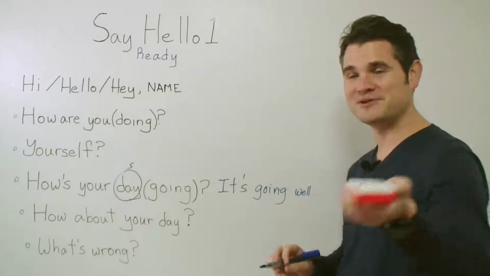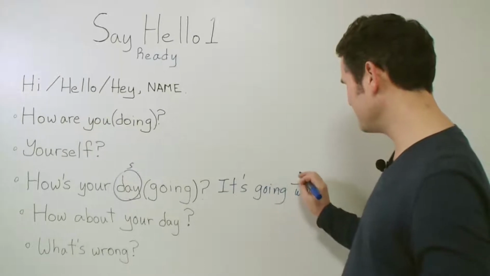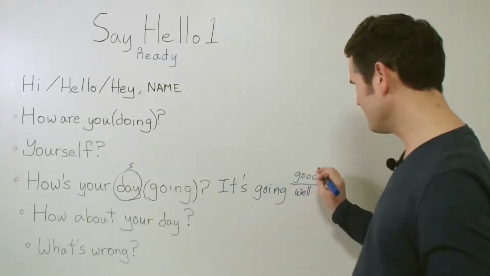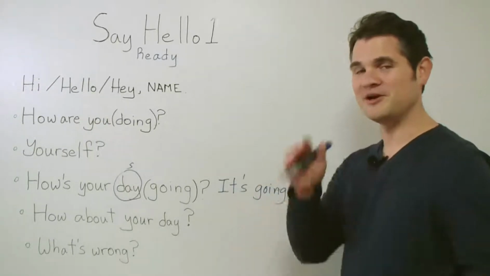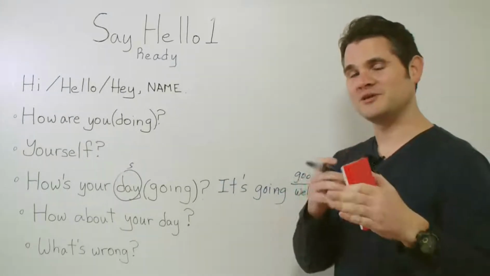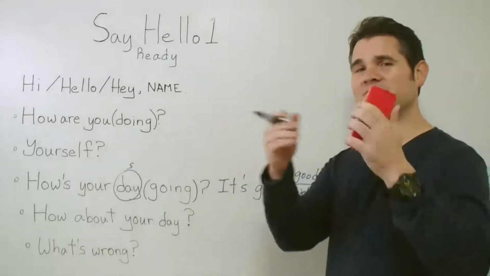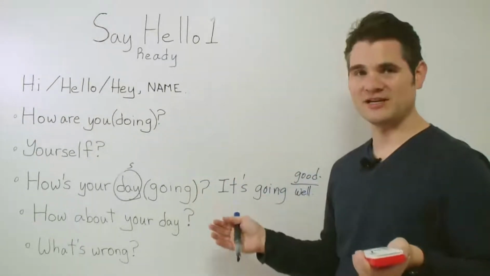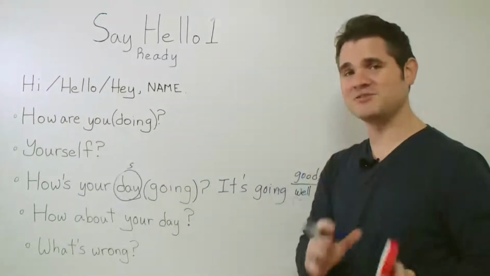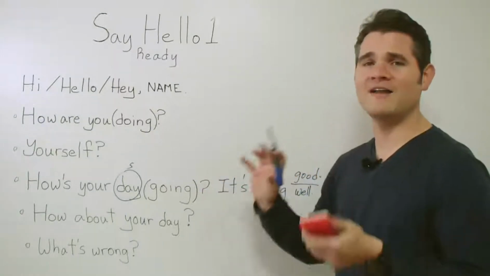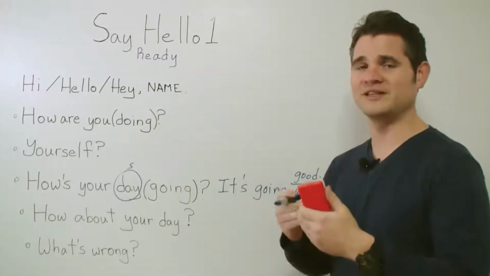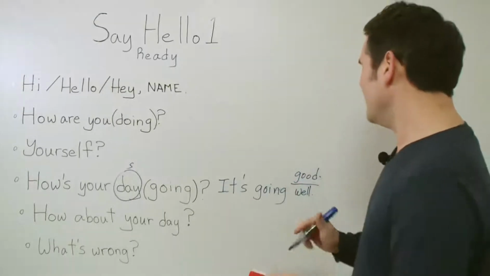But again, people are going to say it's going good as well. So, you really need to check your response chart in this lesson to see all the different flexible ways to answer these questions, because again, I keep stressing this, people do not follow grammar rules when they're greeting each other.